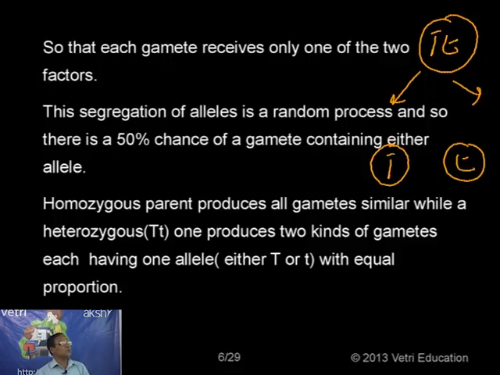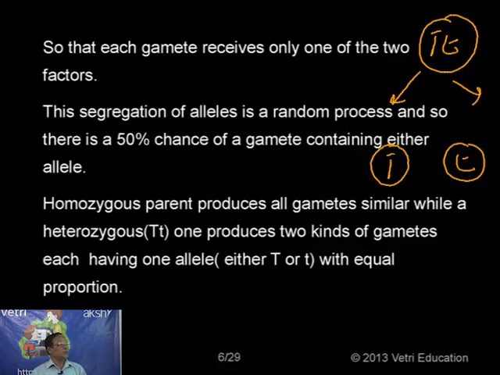This process of segregation is a natural, random process, and so there is a 50% chance of each gamete receiving either allele. Each gamete receives only one of the two alleles and not both. So there is only a 50% chance of obtaining either of the two alleles.